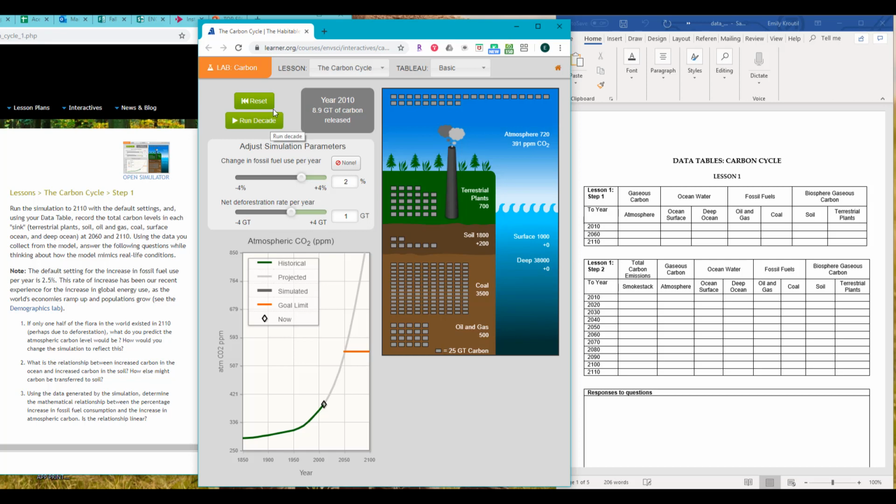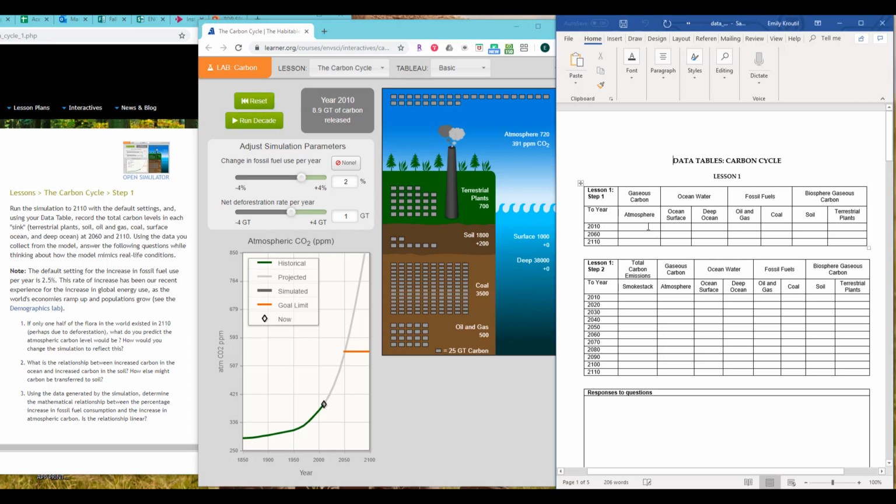Okay, so I'm just going to run this for a decade. Wait, I'm going to reset this. So first thing I need to do is write what we've got now. So atmospheric carbon is, let's see, the gaseous carbon is 391.